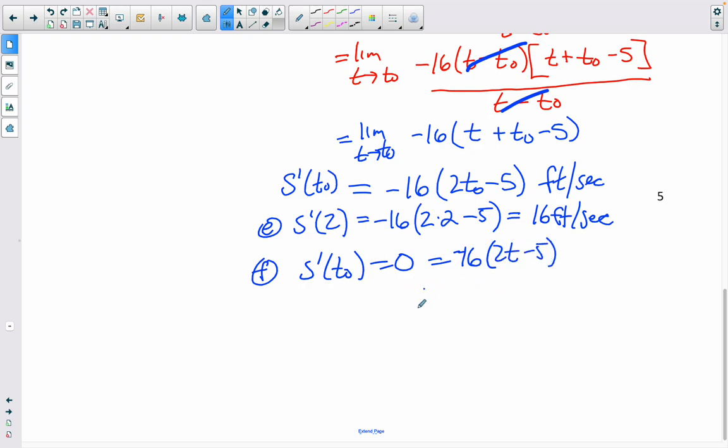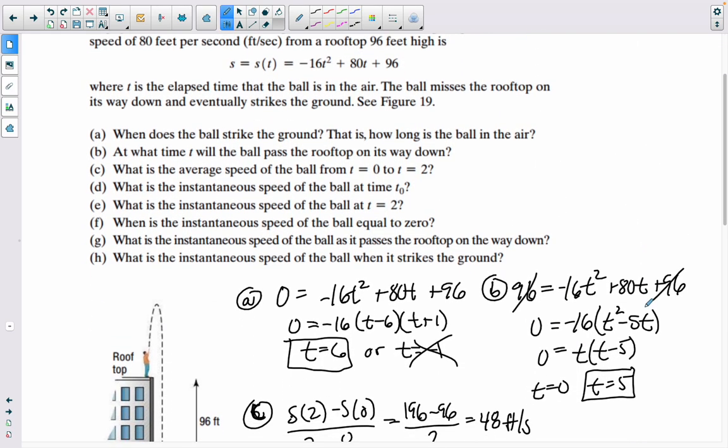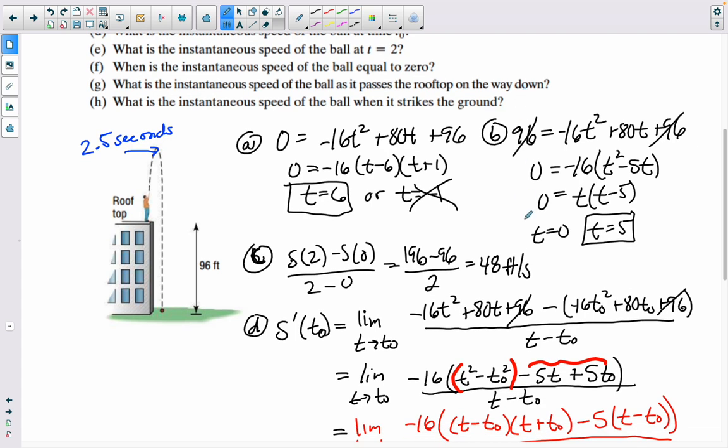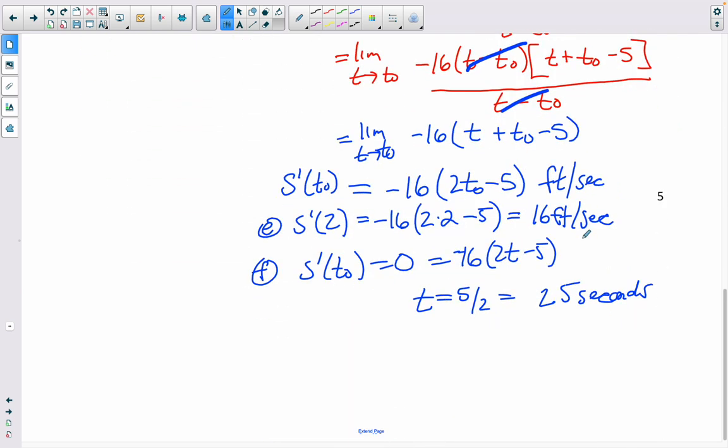So this means that t is going to equal 5/2, which is 2.5 seconds. So this means I reach a max at 2.5 seconds. What is the instantaneous speed of the ball as it passes the rooftop on the way down? Well, we know that happens at 5 seconds.